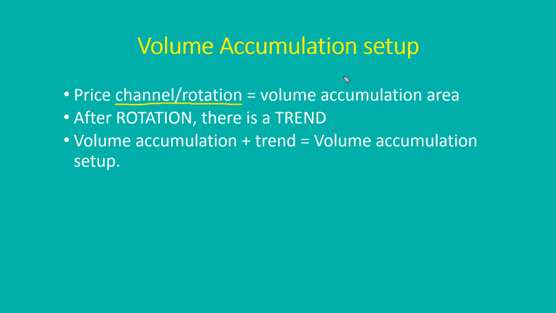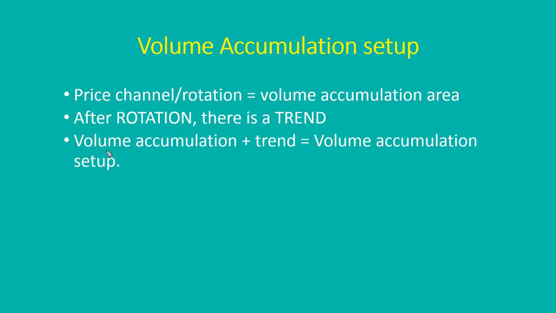So when there is a price channel or rotation, volumes are being accumulated. Big banks or big financial institutions are accumulating their positions in rotation. And after rotation, there's a trend. This is quite usual behavior. First, there is rotation where volumes are accumulated, and then there is a trend where the big institutions are actually making money.